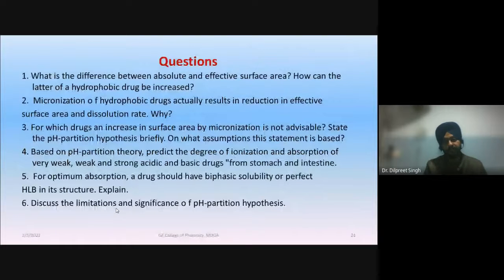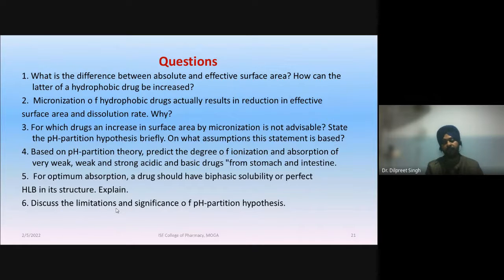So the questions that come in this topic are: What is the difference between the absolute and the effective surface area? How is hydrophobic drug solubility increased? What is the effect of micronization of a hydrophobic drug? It helps to reduce the effective surface area and dissolution rate. For which drugs is an increase in surface area by micronization required, but not advisable?